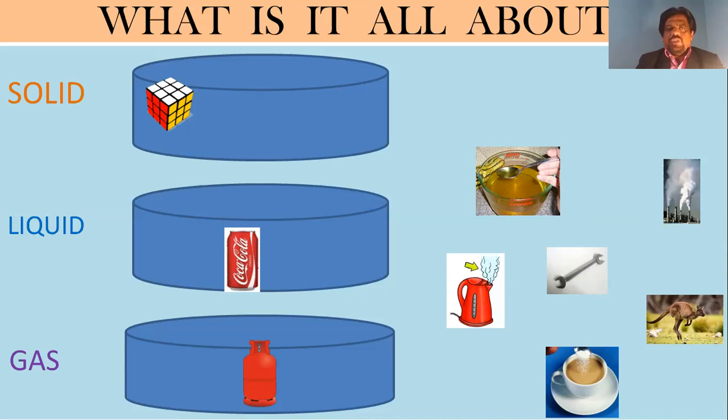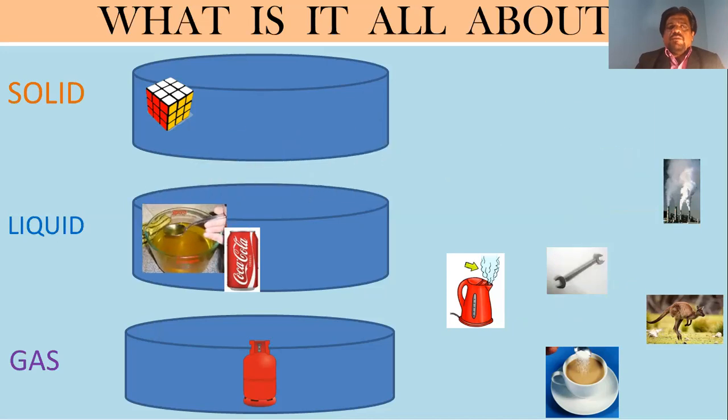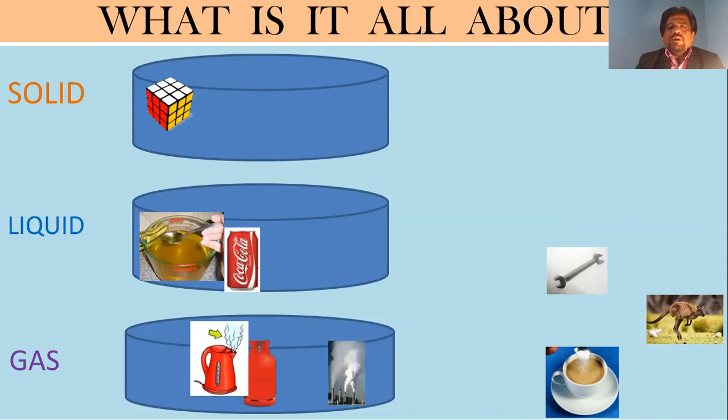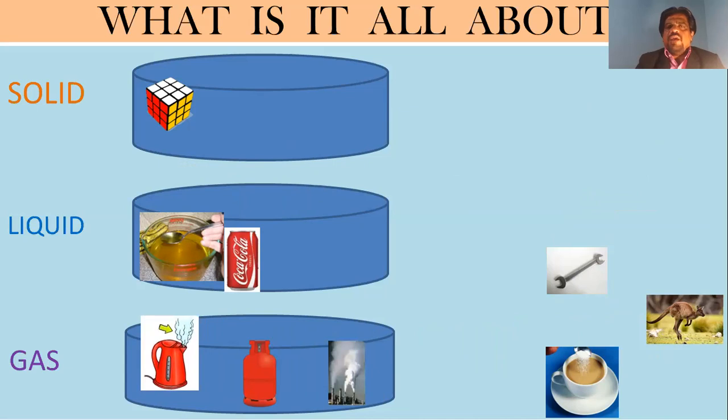And then comes the sarbat, whatever it may be. It also is found in the liquid state. The smoke we see everywhere is in the state of gas. And then the water vapor also is in the gaseous state.